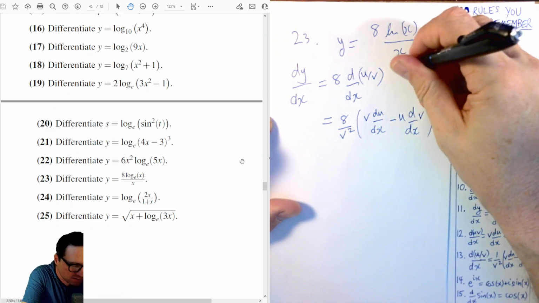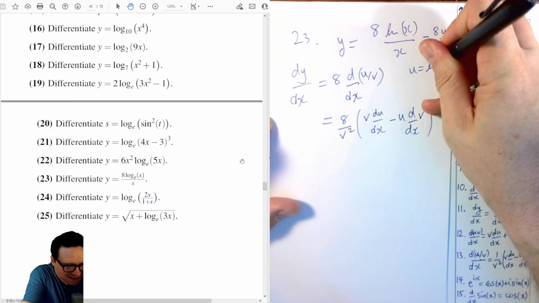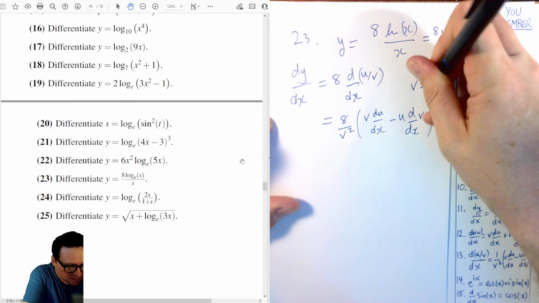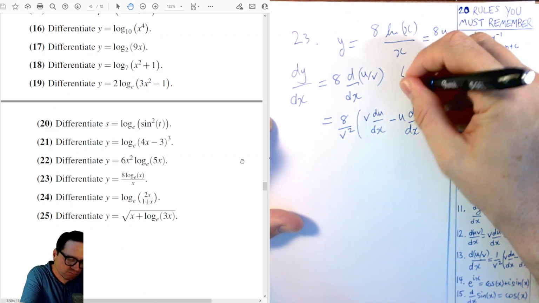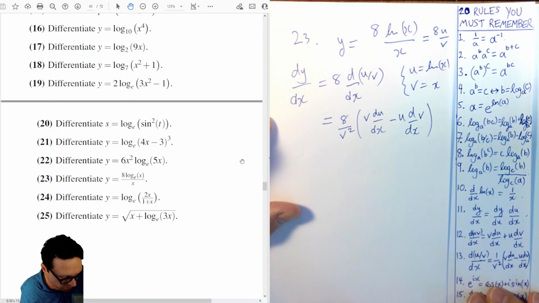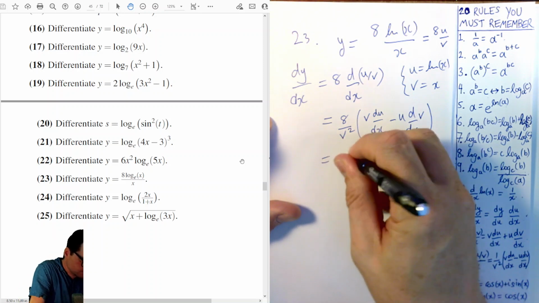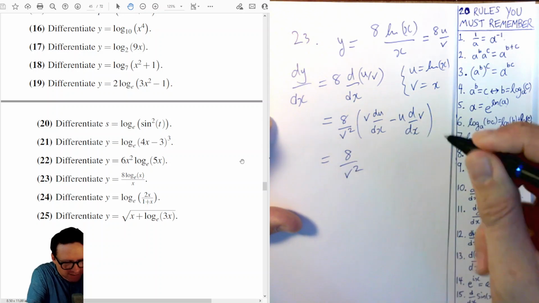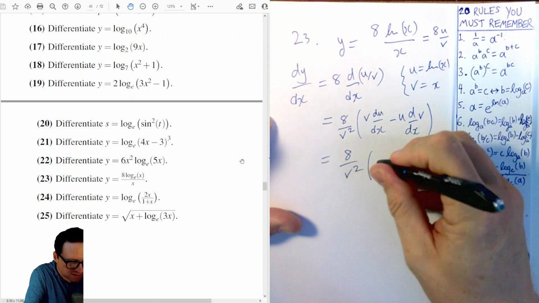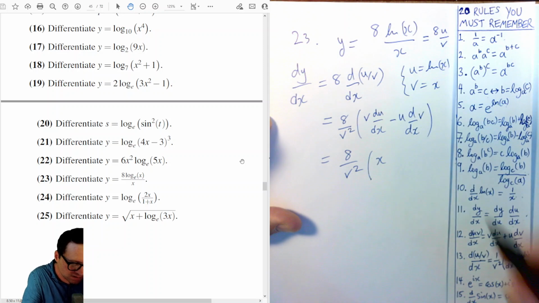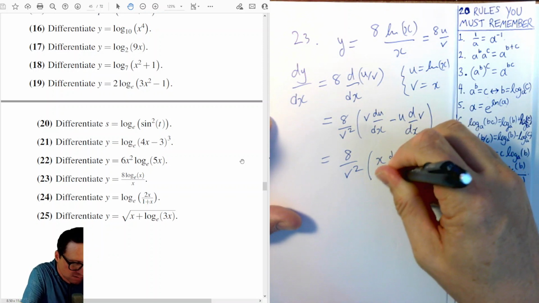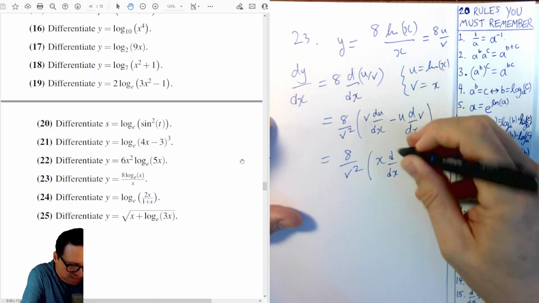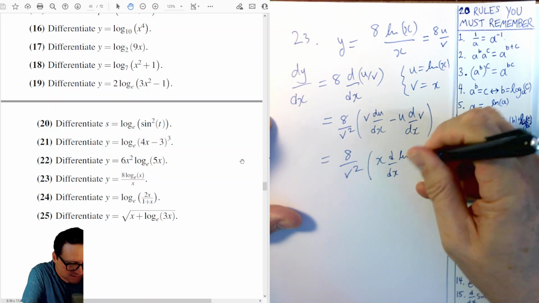So let's write that here. u is ln x and v is just x. Okay, fantastic. du on dx is 1 on x. So let's write 8 over v squared. Now v is x, du on dx, so we're differentiating ln x.